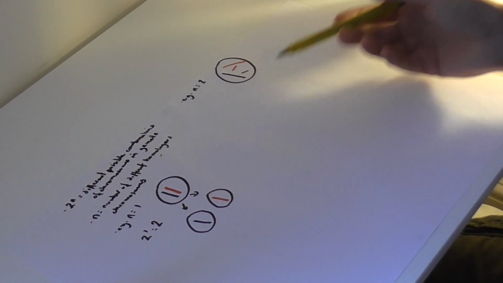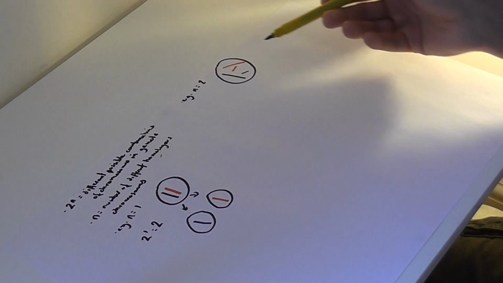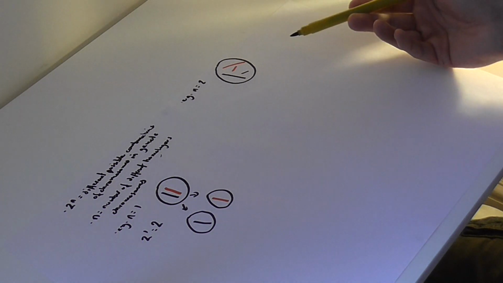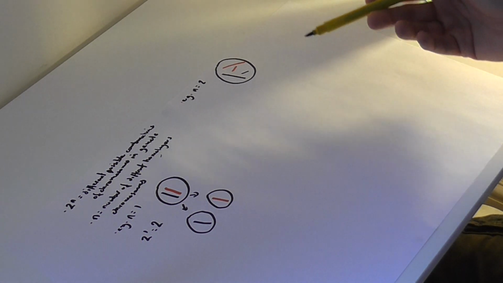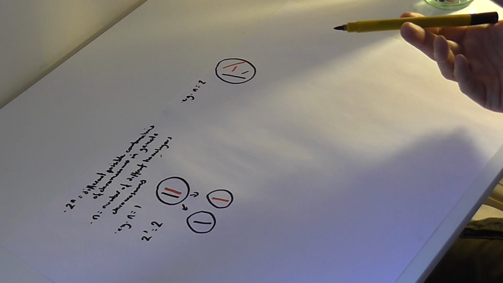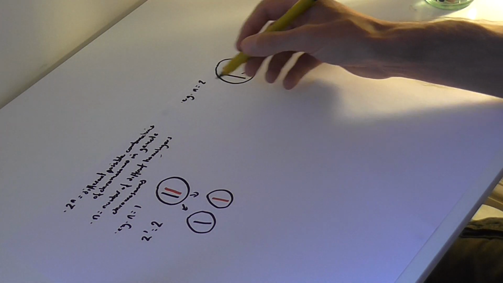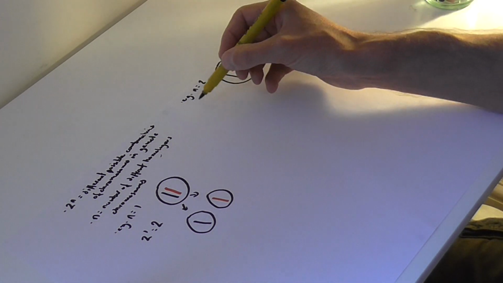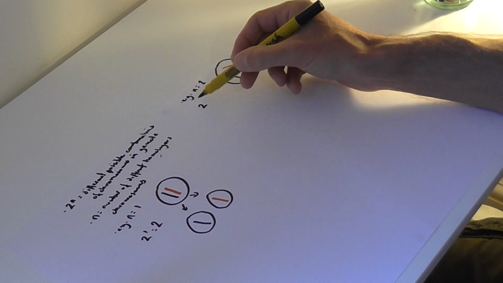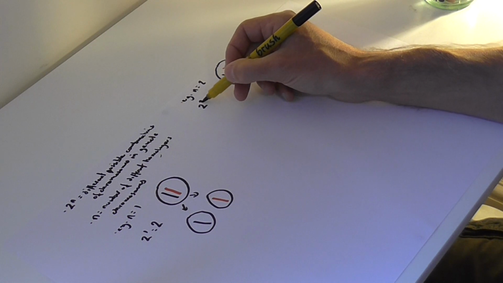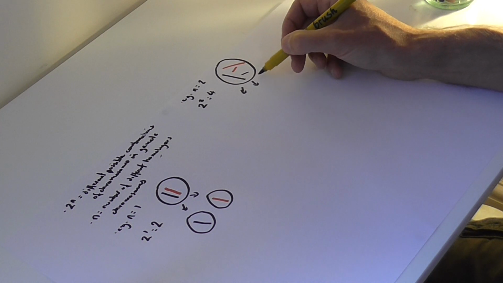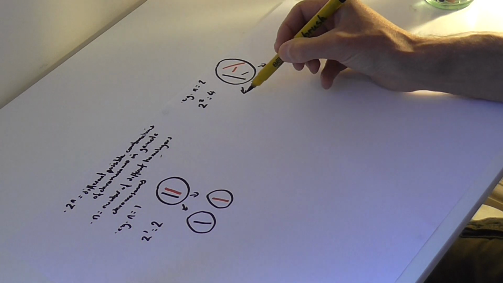So again, we know that meiosis is going to produce daughter cells with the haploid number of chromosomes, so it can only be 2 chromosomes per daughter cell. And we also know that you have to have one of each homologous pair present. So if we run through the math side first, we've got 2 to the power n, so n is 2, so 2 to the power 2 is 4.